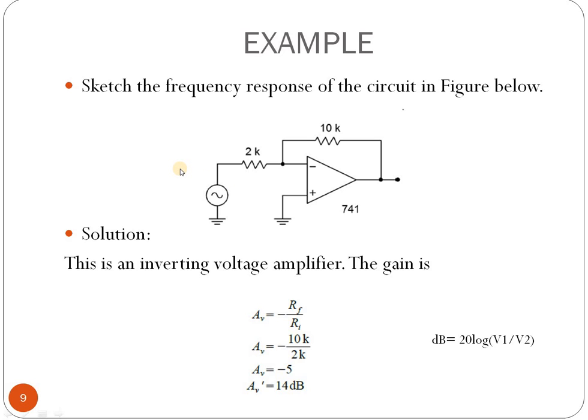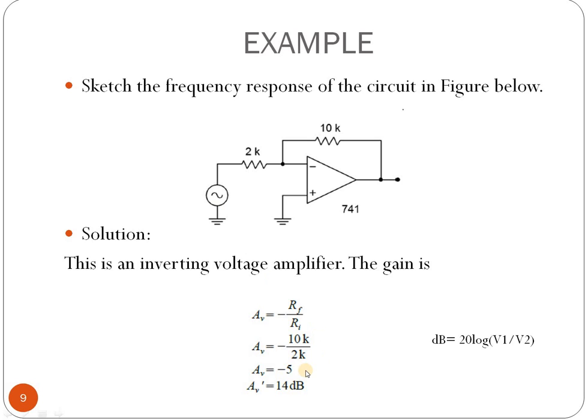The feedback resistance is 10k, the input resistance is 2k, and there is a voltage source here. For this inverting amplifier, the normal voltage gain is minus Rf by Ri, which is 10k divided by 2k. So the answer is minus 5.